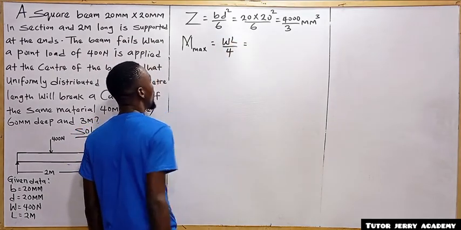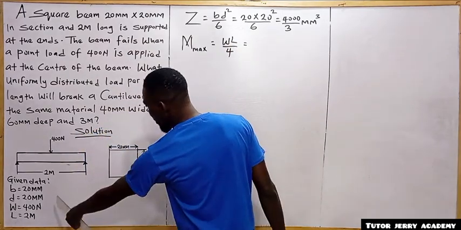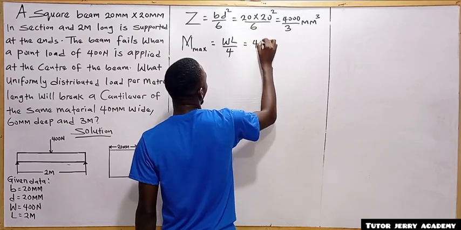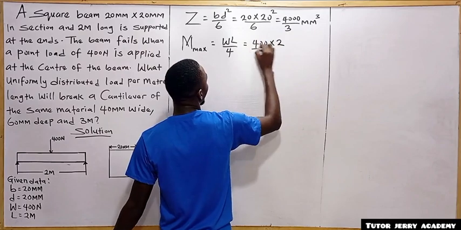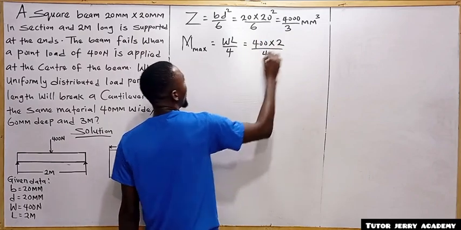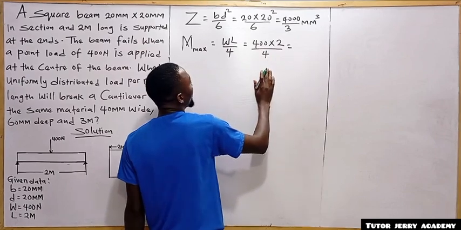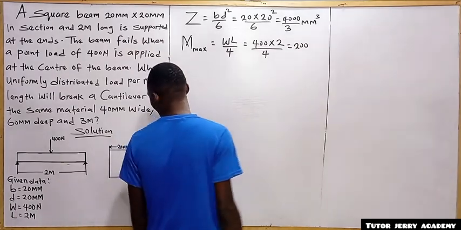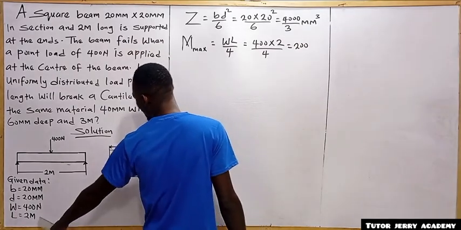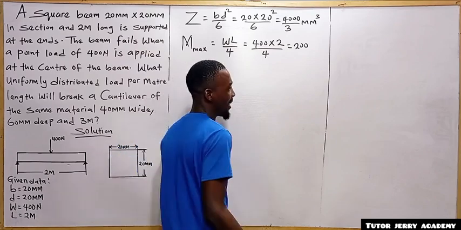So this is the load, 400, multiplied by the length, 2, then divided by 4. Here we have 200 as our answer, and it's 200 Newton meter.